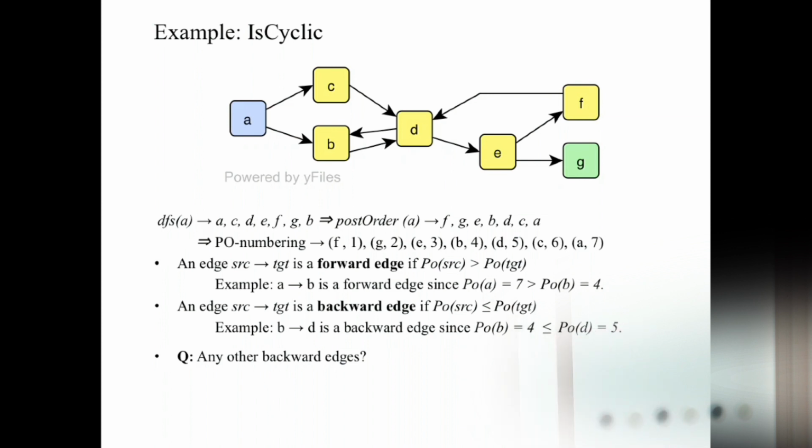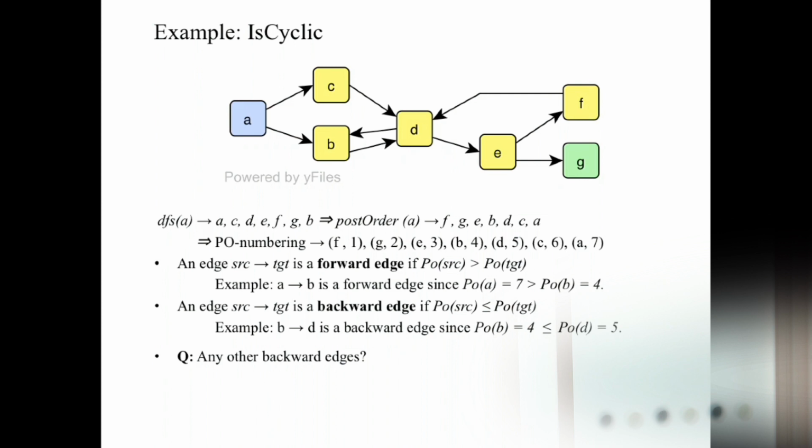For this edge, the source is A and the target is B, and we can see that the post order number for A is 7 and for B is 4. So 7 is greater than 4, which means it's a forward edge.